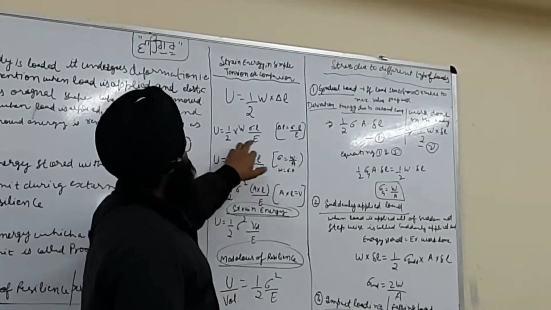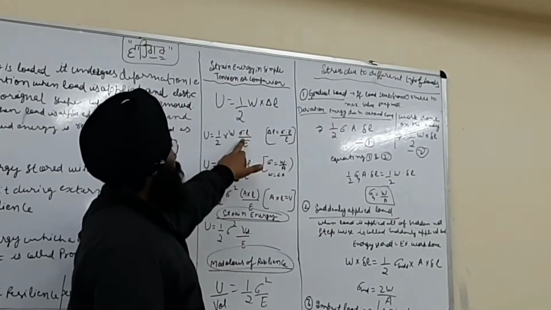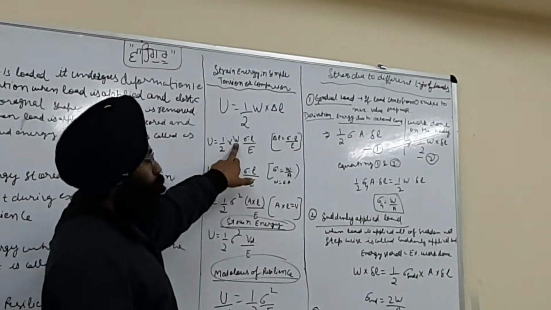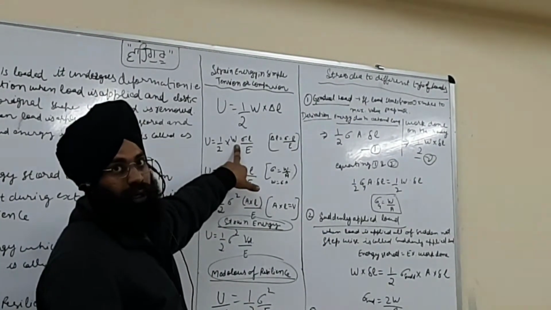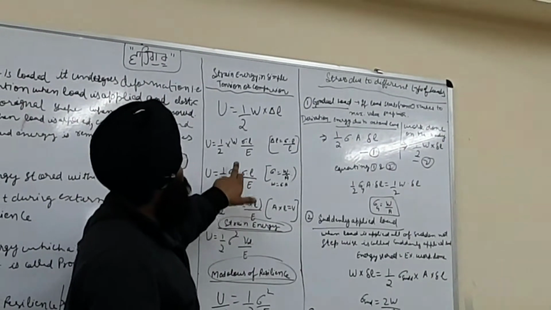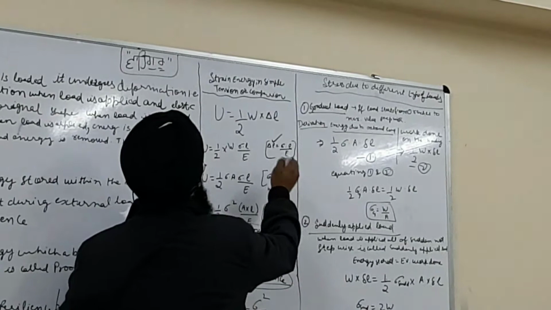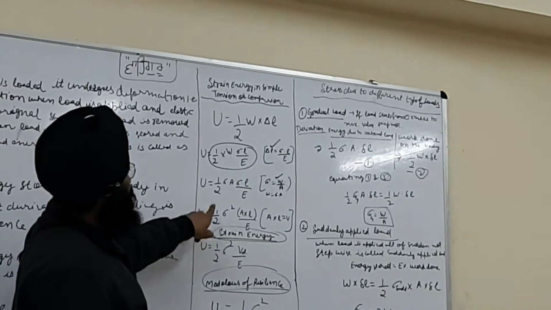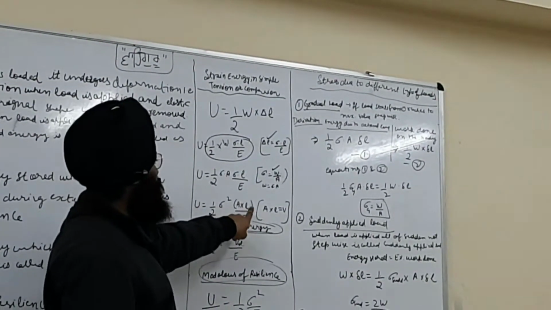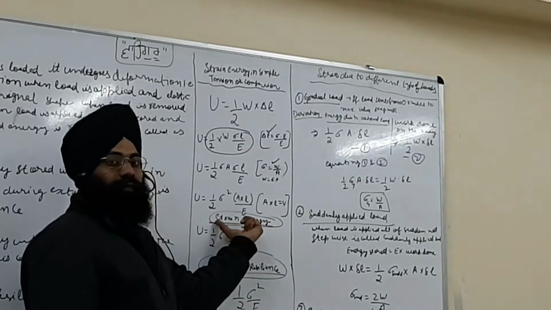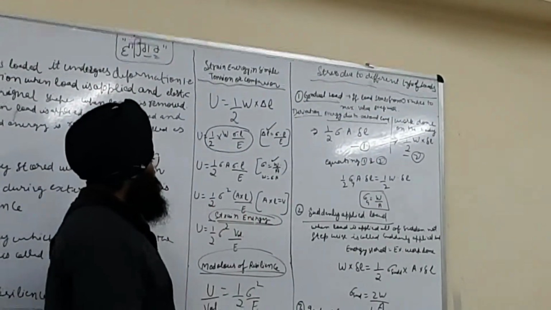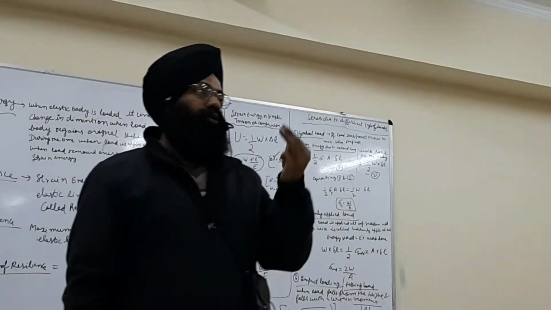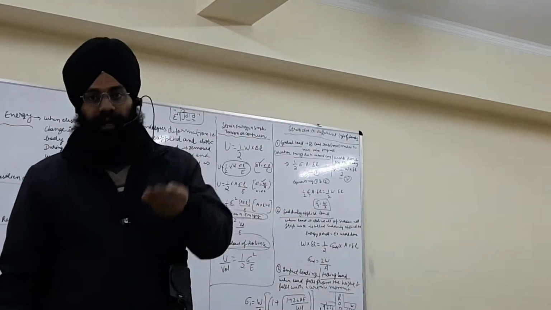And the change in length is equal to stress into length divided by E. We also have the load W equal to stress into A. Putting these values in the equation, we get the strain energy as 1 by 2 into stress square into A into L by E. This is the general relationship, which will be further classified into 3 relations: due to gradual load, due to impact load, and due to sudden load.